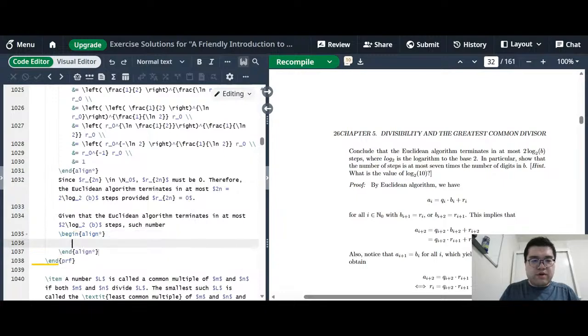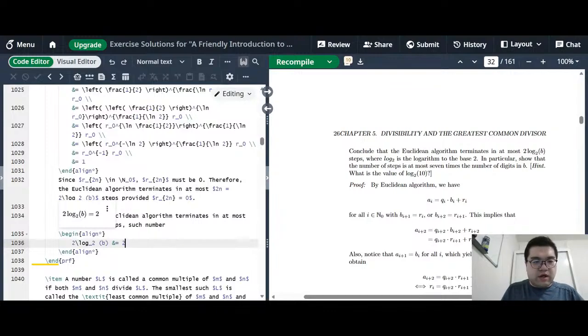Begin algorithm. So we have this here. It's going to be equal to 2. So log again, we're going to use the identity.